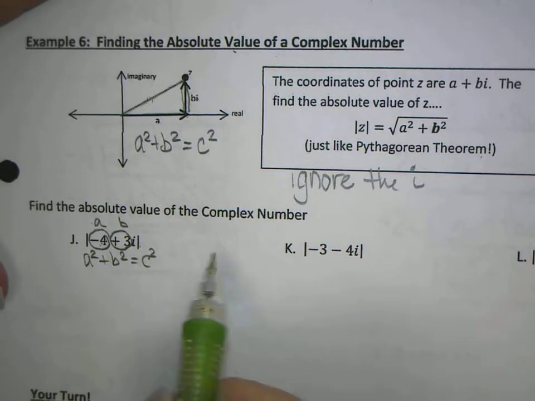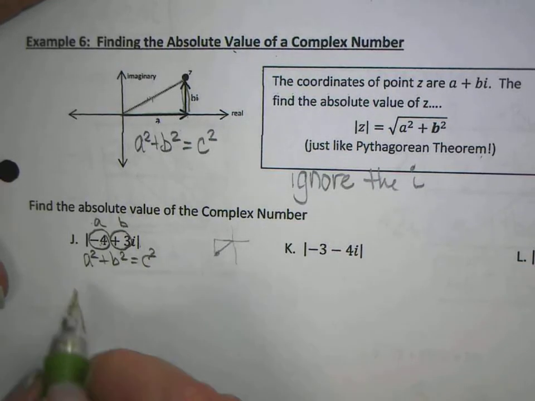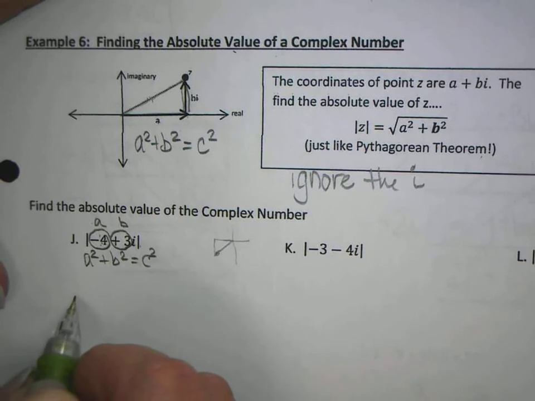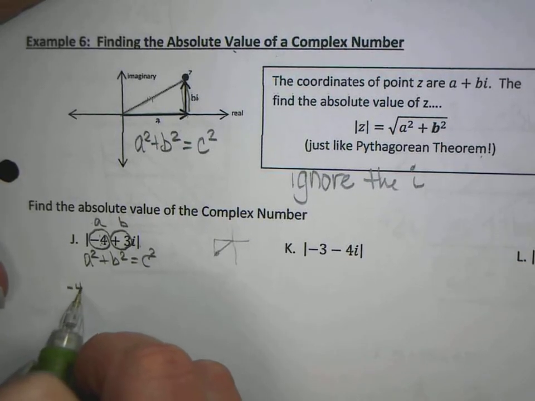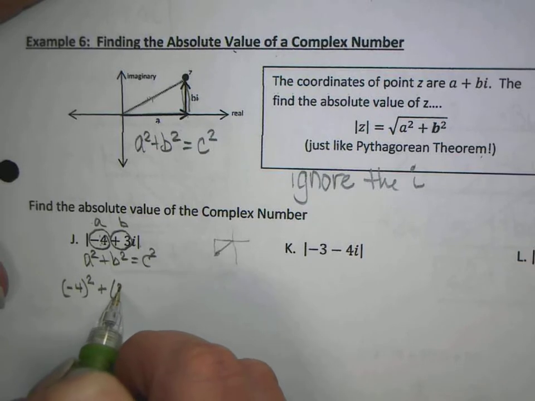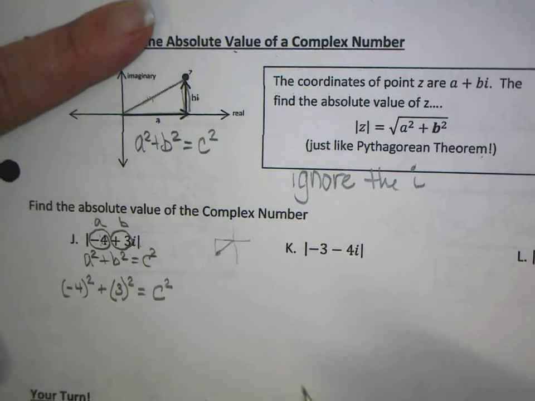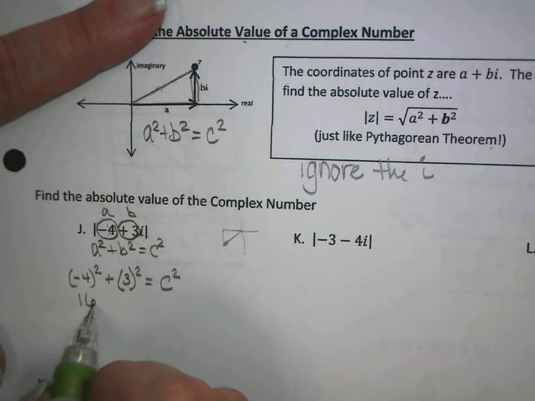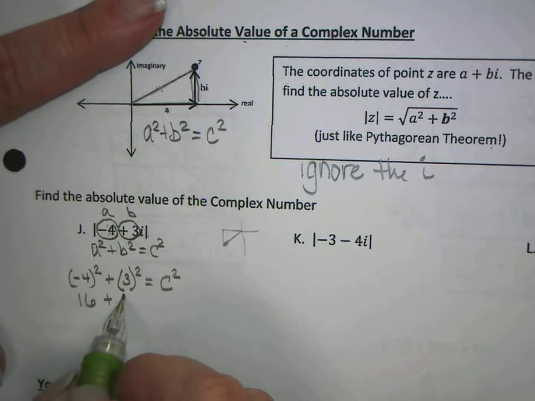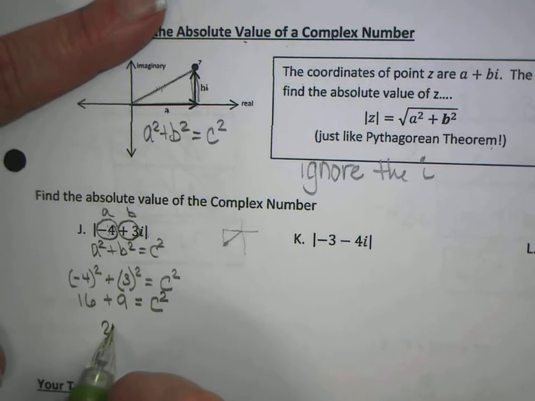So this would be left 4, down 3, this distance right here. So negative 4 squared plus 3 squared equals c squared, which would be your absolute value. So this would be 16 plus 9 equals c squared. 25 equals c squared.